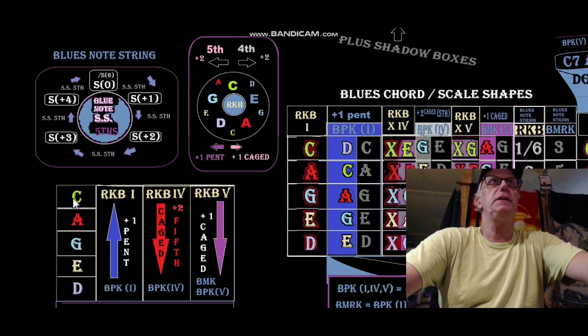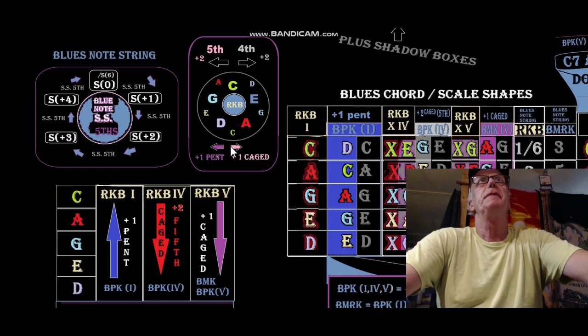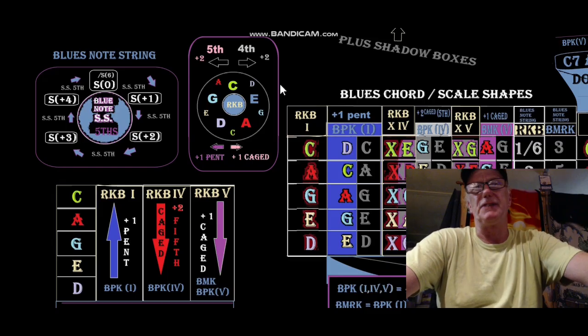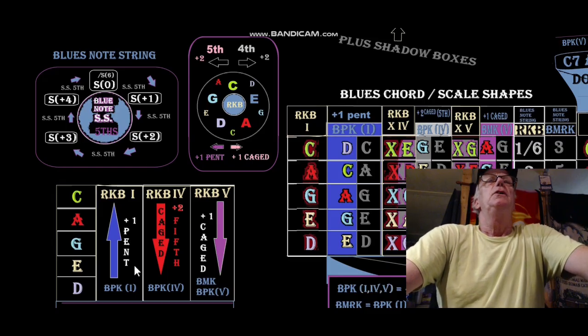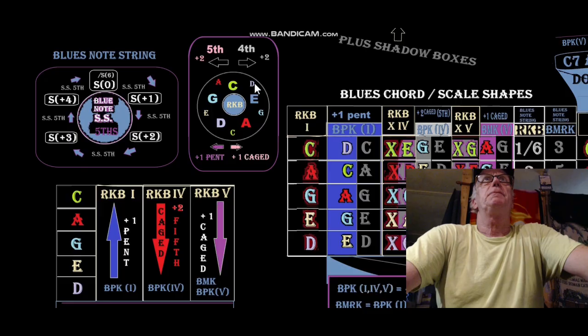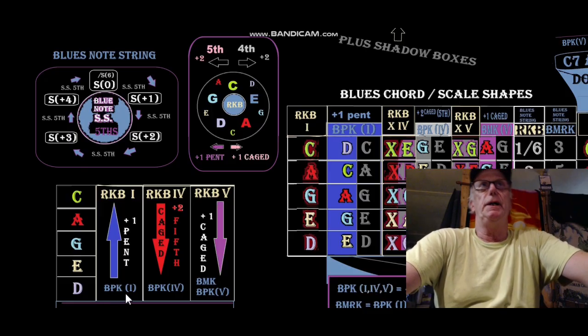So if we're in C, we go up one pent shape, C goes to D, right here, plus one pent, and if that loops around, it goes C to D. See how it's going in that direction. So we've got the D shape for the blues pent key 1.